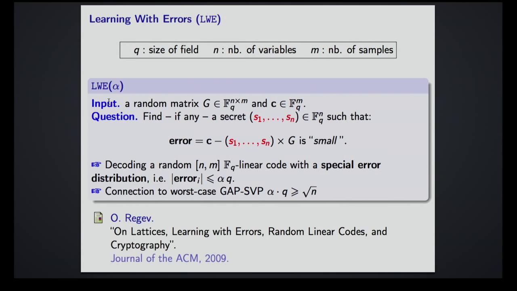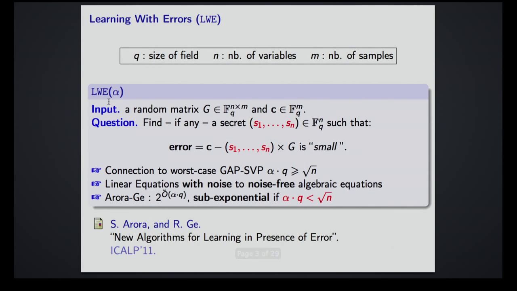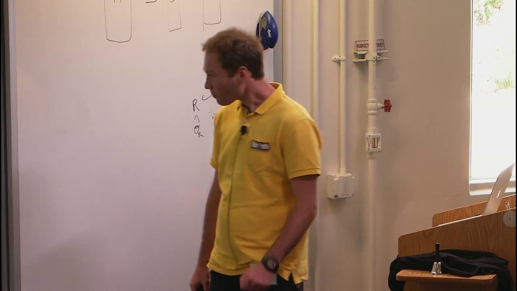What Martin brought to us, and what has been interesting for me and Jean-Charles, is a formulation of the problem in terms of algebraic equations due to Arora and Ge. It's decoding a linear code, so it's solving a system of linear equations with noise. The idea of Arora and Ge was to generate from this a set of algebraic equations without noise, but no longer linear.